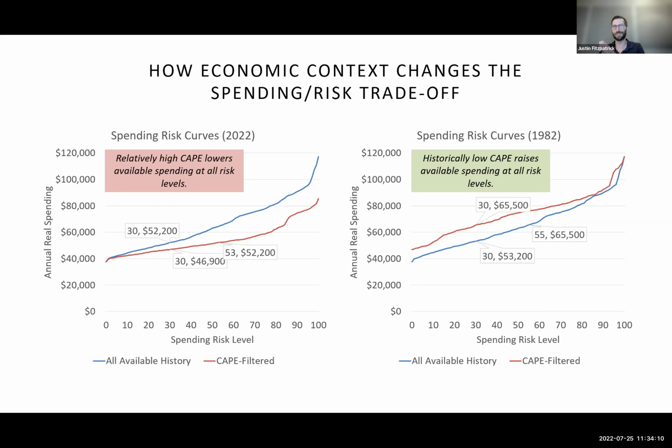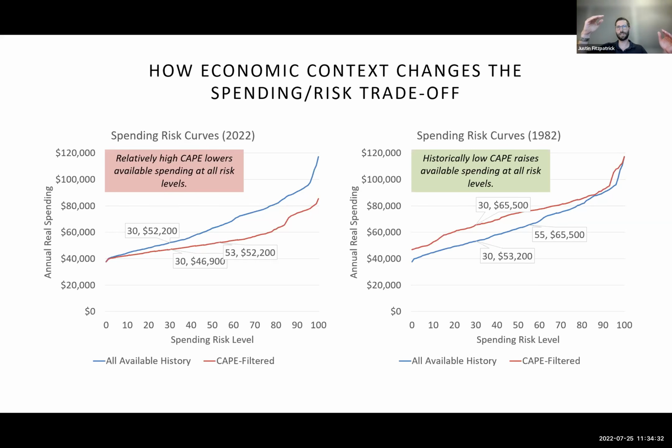We can see way over on the 100 side, there was one time in history where someone could have spent almost 12% of that portfolio. Whereas on the far left side, we see a little bit below $40,000, a little bit below 4%. That's from the early part of the 20th century. So the blue line is everything in history.